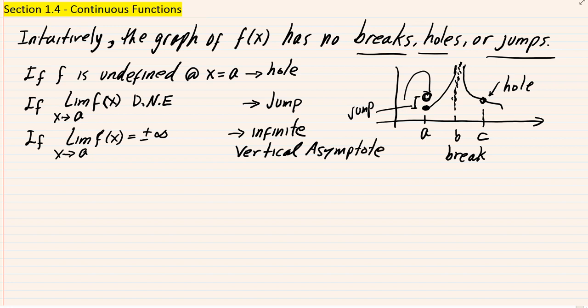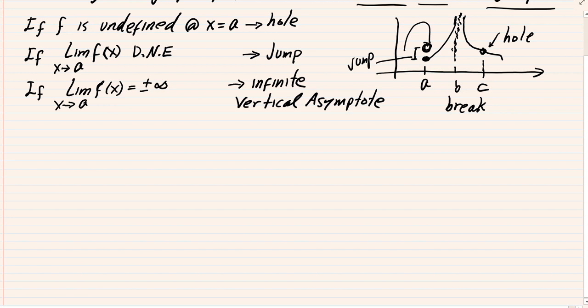Okay, so let's actually define now. We're going to take a look at the definition of a function that is continuous at a point. So we're going to look at continuity at a point, and let's say at x equal a. That would be our point.